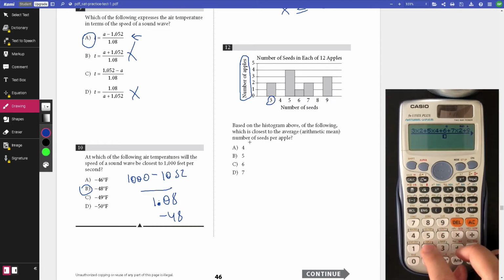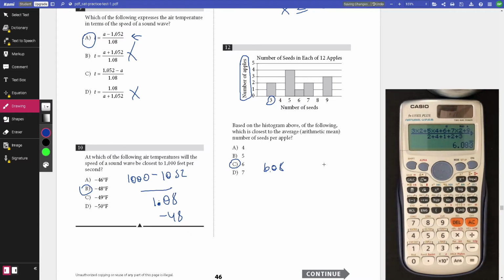So 2 plus 4 plus 1 plus 2 plus 3, and we get 6.08, which is closest to 6, so that's the answer.